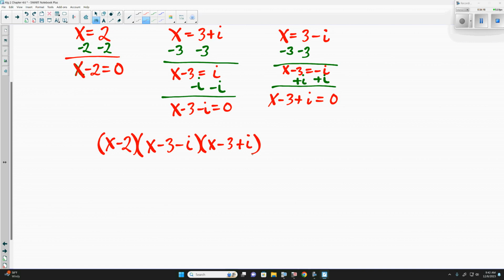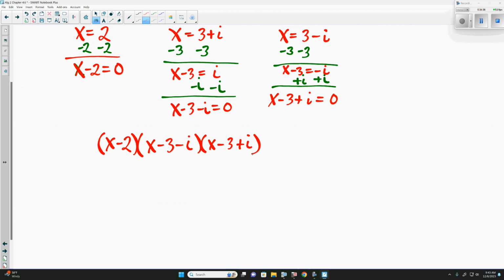Now we're going to multiply these three expressions together. And just like with the radicals, I would suggest multiplying the complex conjugates together first. It is possible to do this with our x minus 2 times our x minus 3 minus i, and then multiply the other one together.